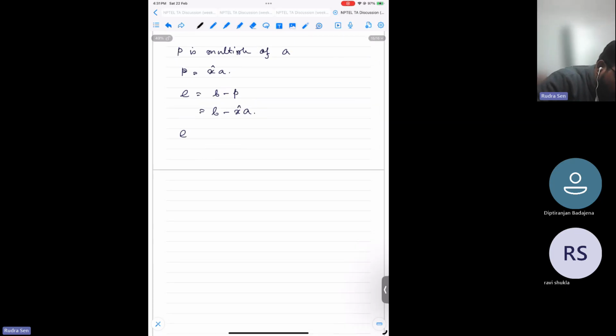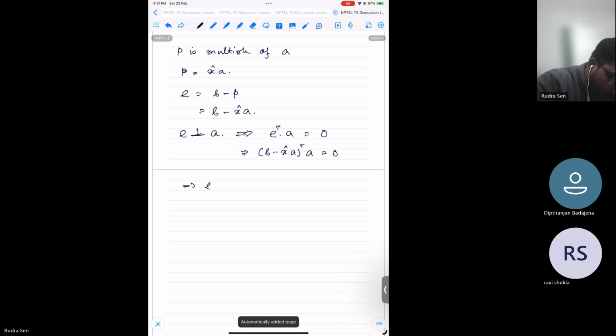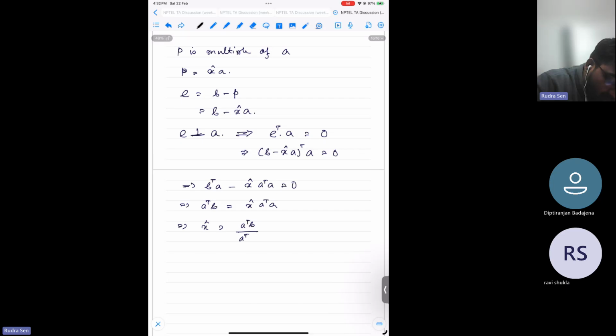As I said, E is perpendicular to A, which implies that E transpose A is 0. So B minus x hat A, transposed, times A equals 0. That gives B transpose A minus x hat A transpose A. B transpose A, where B and A are vectors, is the same as A transpose B, which equals x hat A transpose A. So from here I get the multiplier x hat equals A transpose B by A transpose A, right?